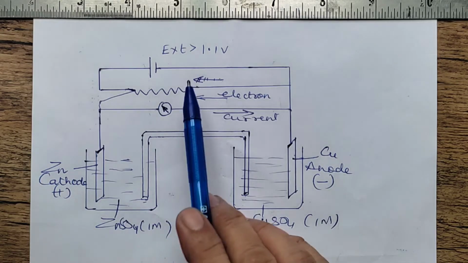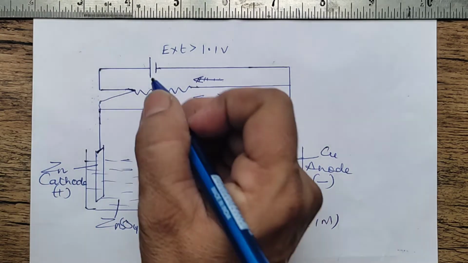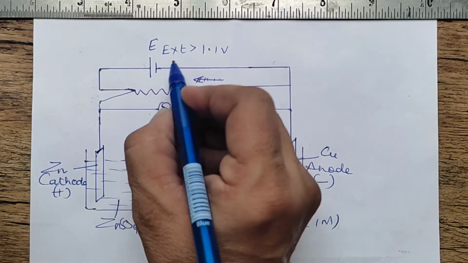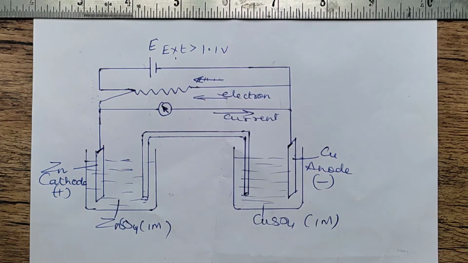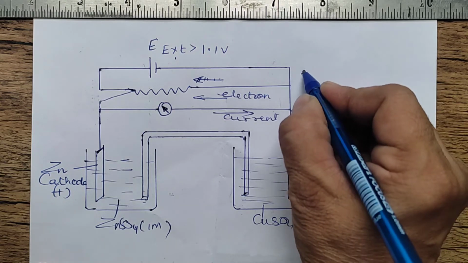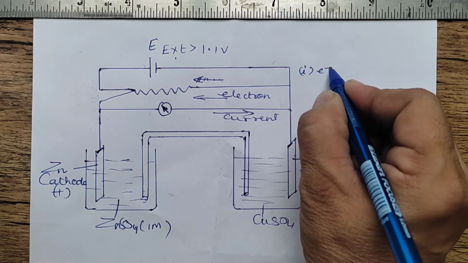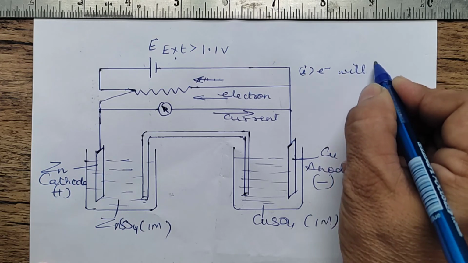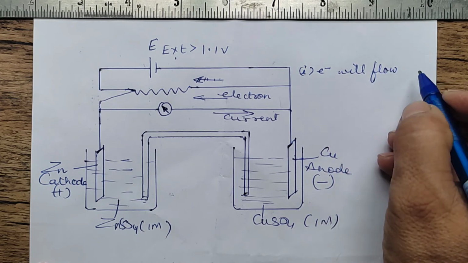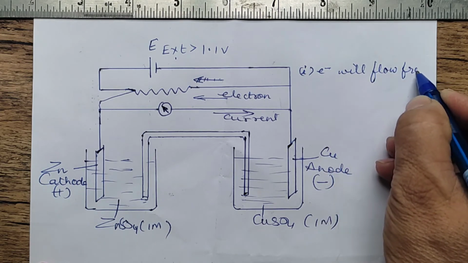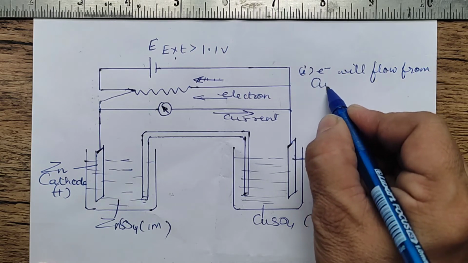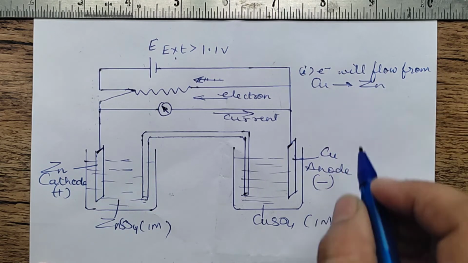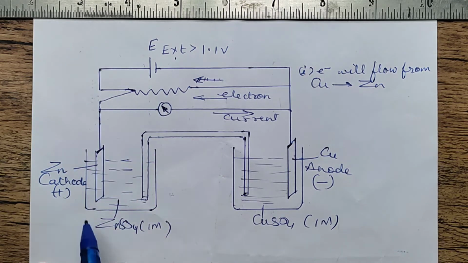Now let's consider the second case. In the second case, the external potential, E external, which is connected, is more than 1.1. When it is more than 1.1, the electrons will flow in the reverse direction. That means in this case, the electrons will flow from copper to zinc in this direction.